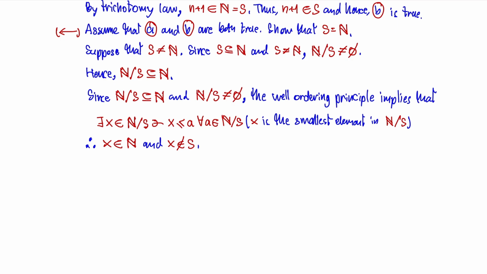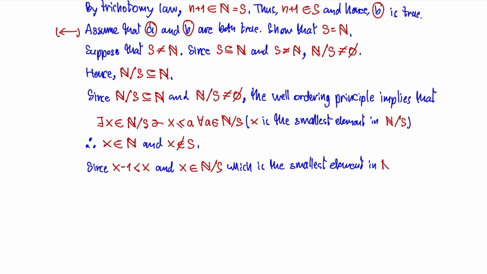Okay, so let's pick this element. I want to observe x minus 1. It's pretty obvious that x minus 1 is less than x. And x is in the set of natural numbers, and it is the smallest element in that set.